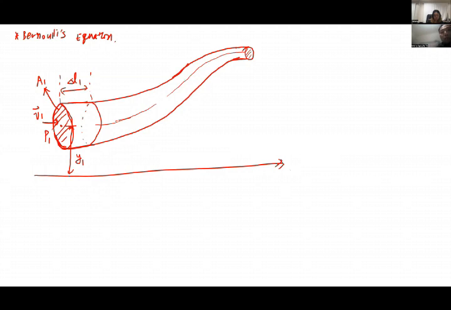The output is located at y2 above the reference point, and the travel distance in the given time is delta L2. The velocity coming across this cross section A2 is v2. The pressure applied to the cross section of the output is P2.